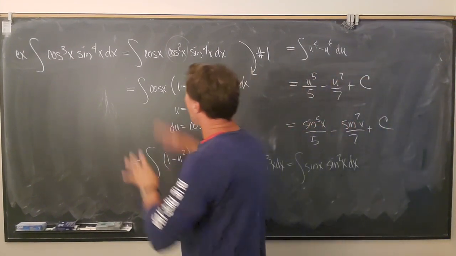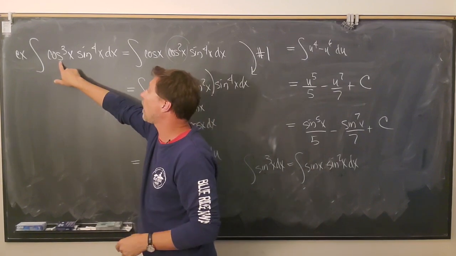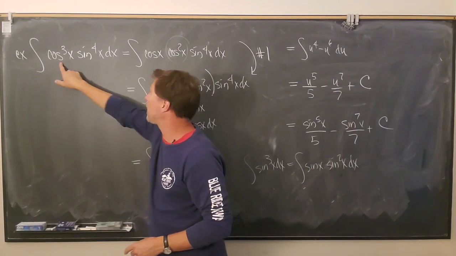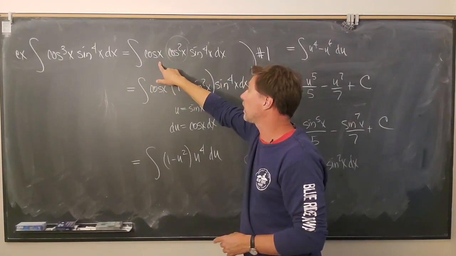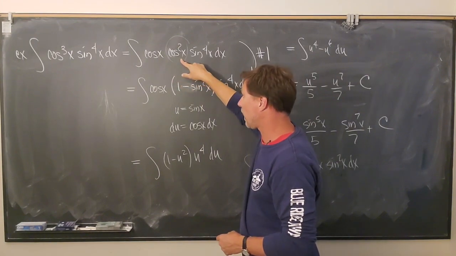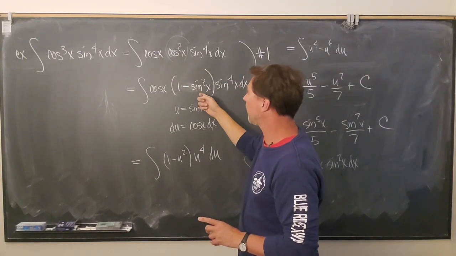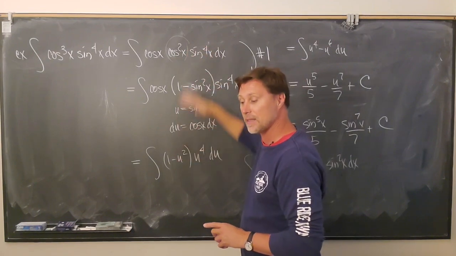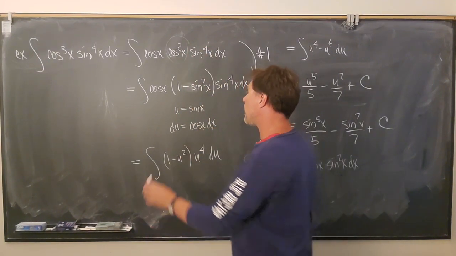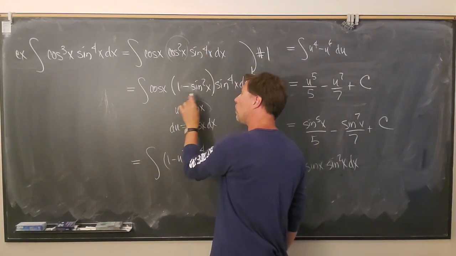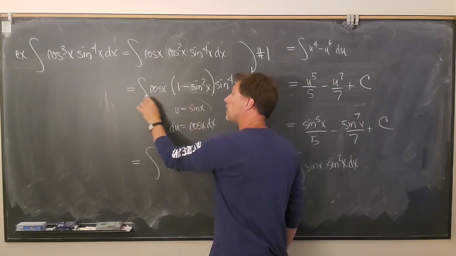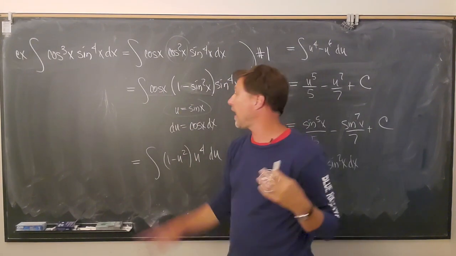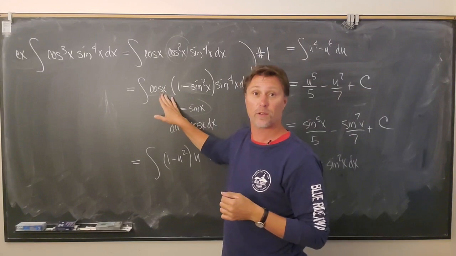Same thing here. Why did this work? Because I had an odd power of cosine. By peeling off one factor of cosine, I got an even power of cosine, for which I could apply identity number 1. That sets us up to do substitution, because when you let u equal the sine, the derivative canceled off that peeled off factor of cosine.